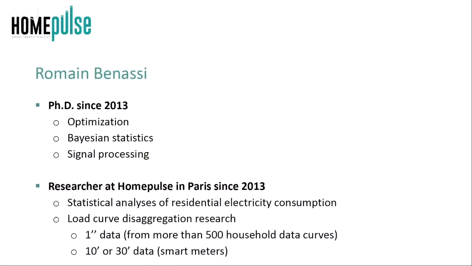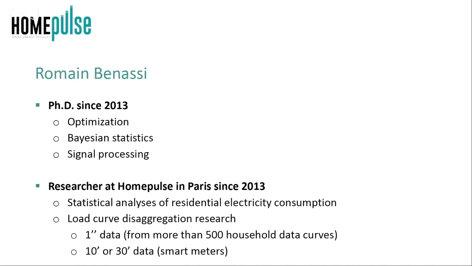I'm a PhD since 2013, and I work mainly on optimization using Bayesian statistics and Bayesian methods, and also on signal processing. For the last 4 years, I work at Homepulse company on statistical analysis of residential electricity consumption, and also, of course, on NILM.